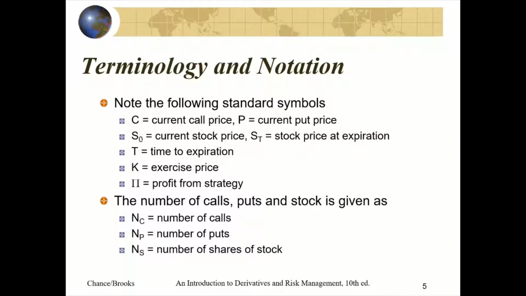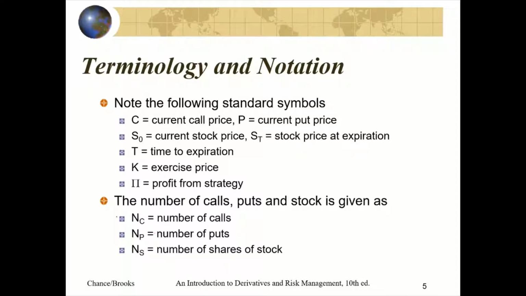We will keep up with the same standard, although we will focus mainly on European options in our analysis in this chapter. S0 is the current stock price, ST is the stock price at expiration, T is the time to expiration, and K is the exercise price or the strike price. And the Greek letter pi is the profit from the strategy.